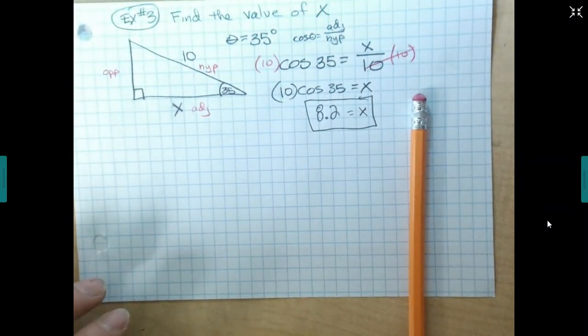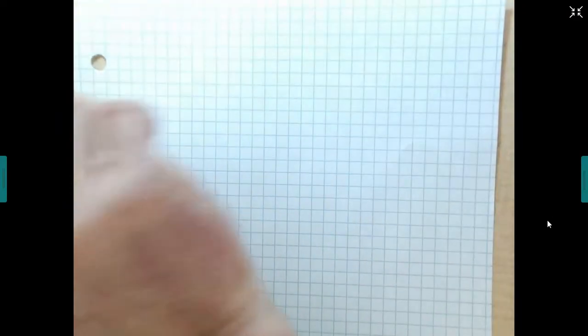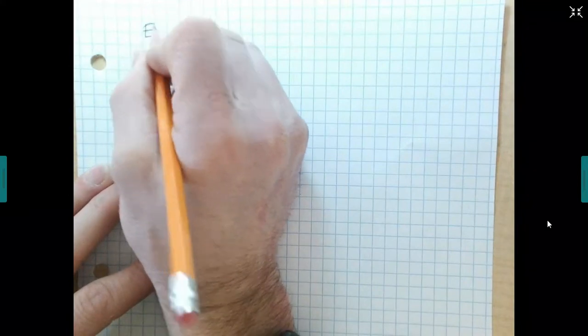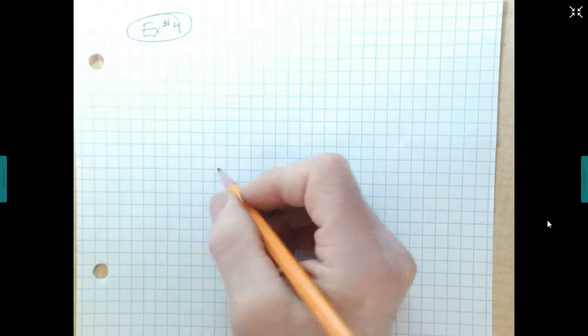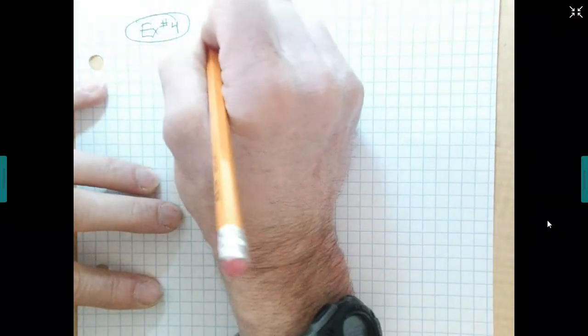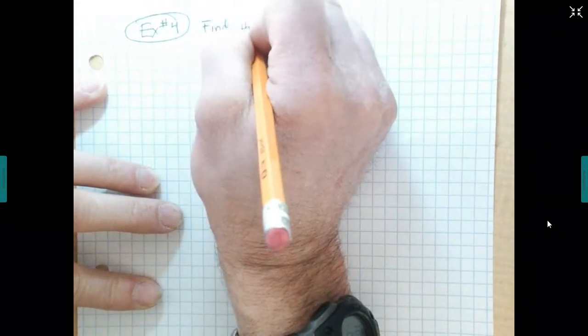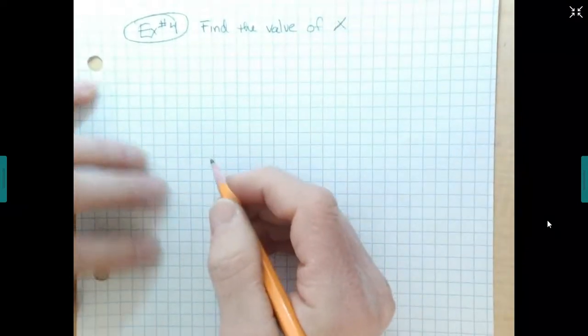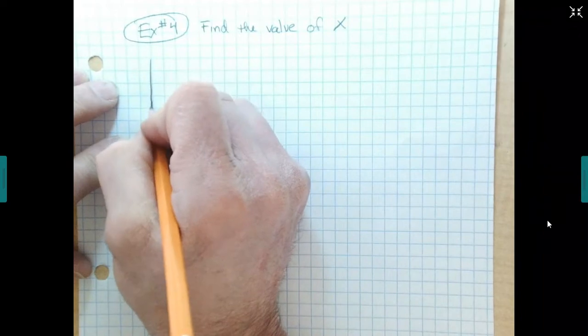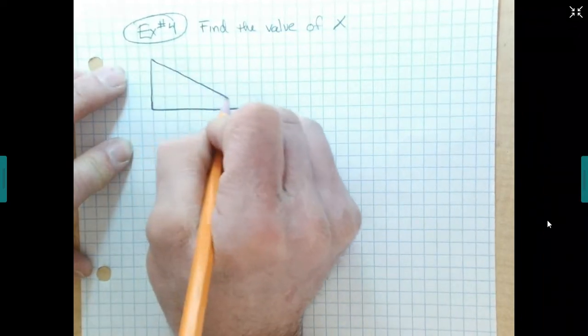All right, last example. Example number 4. Find the value of x. So here we've got another triangle.